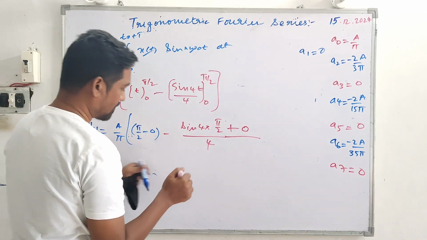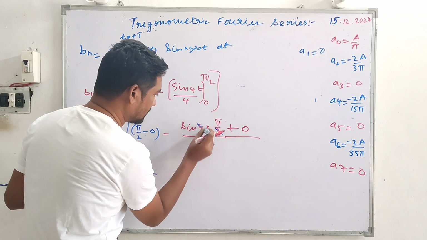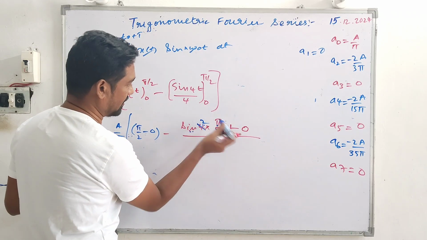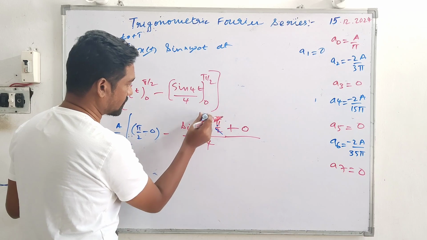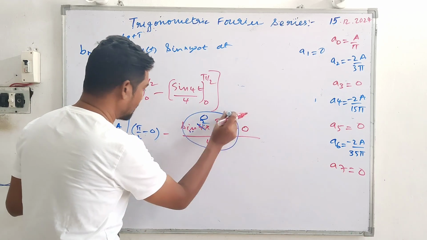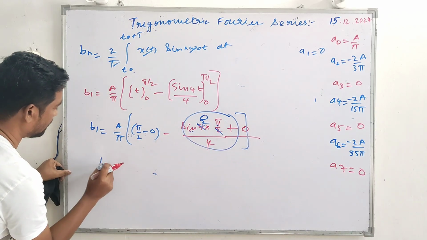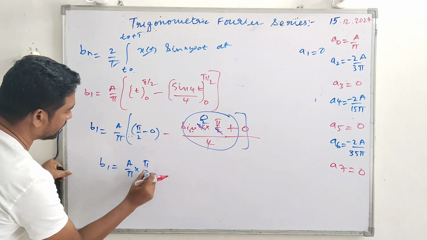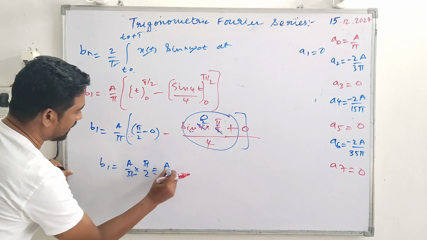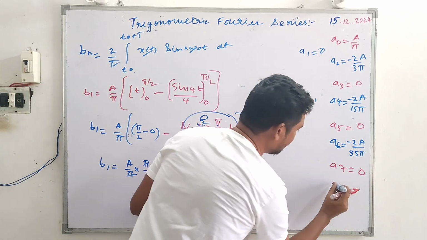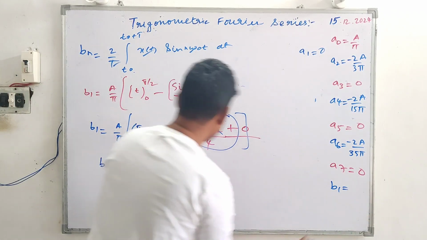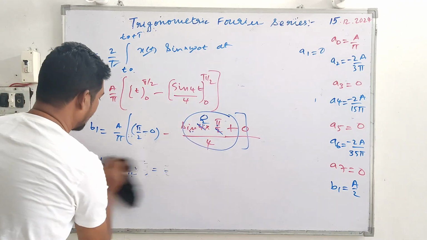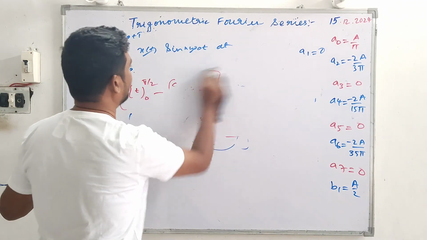Even this one, 2 times sine n pi, that will be 0. Sine n pi, any value of n over here, it will be 0. So this term will be 0. So B1 is a by pi into pi by 2, pi gets cancelled, and a by 2 is the value for B1. B1 is found out to be a by 2.